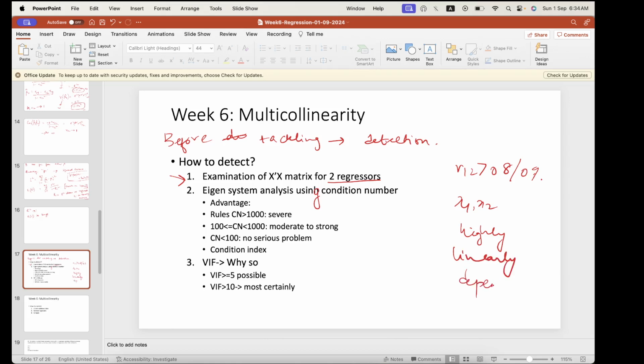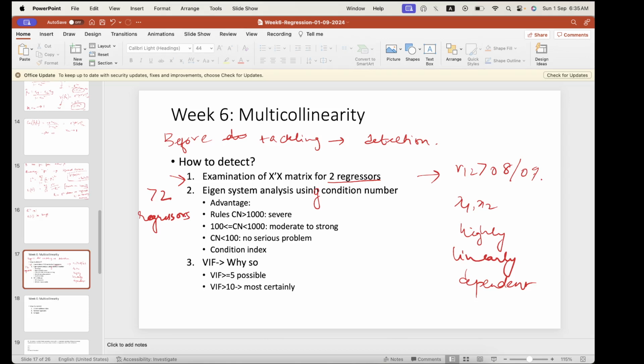So for a two regressor model, this method fares well. But for more than two regressors, we have to opt for some other techniques. The next thing is that we could use the condition number.